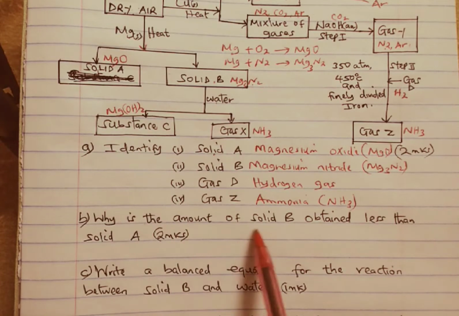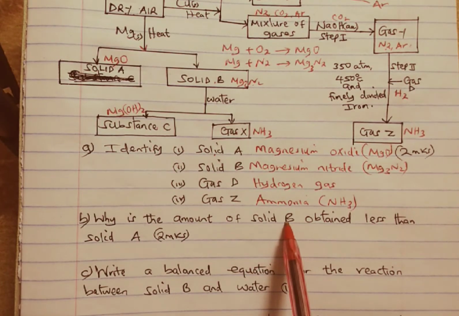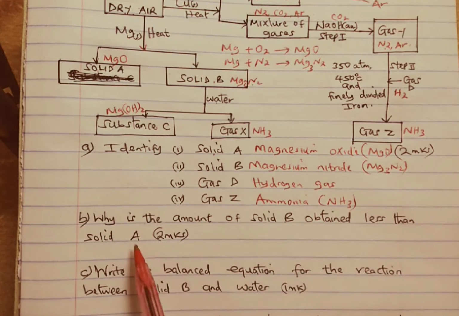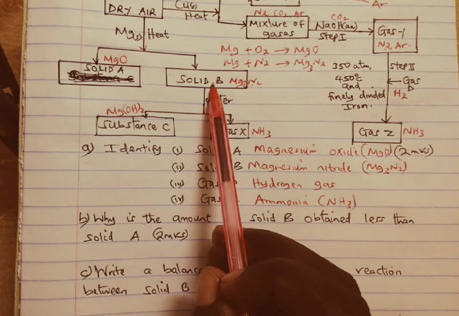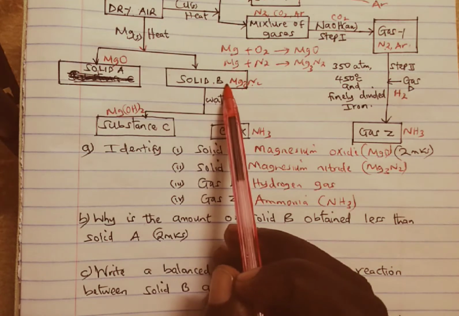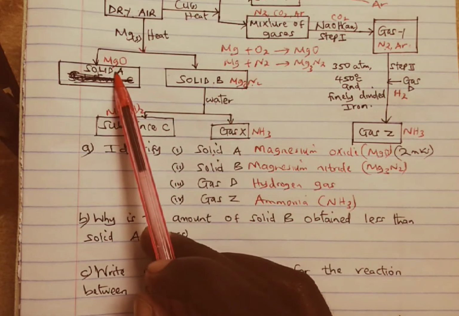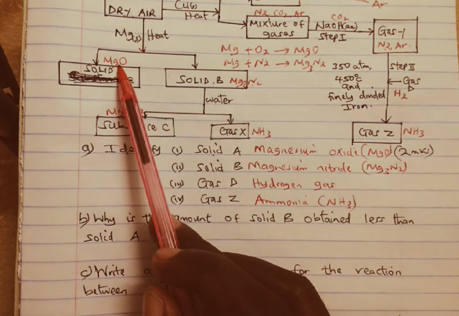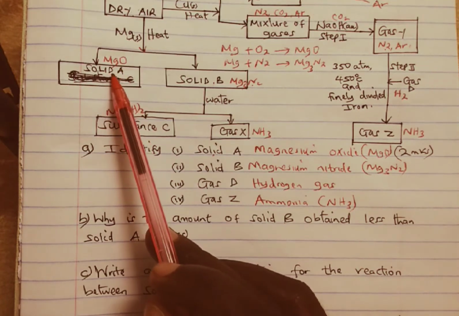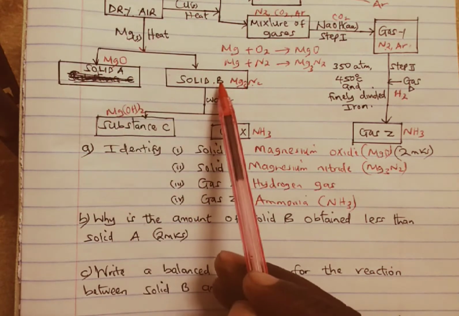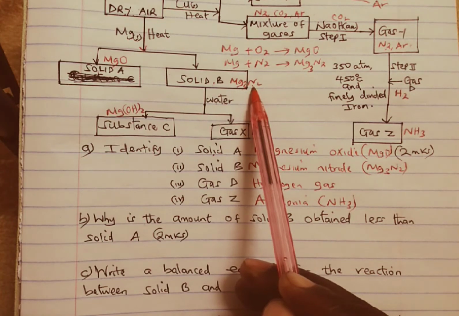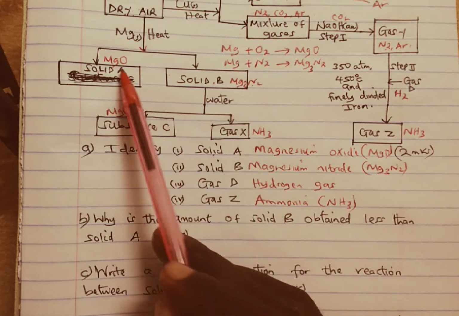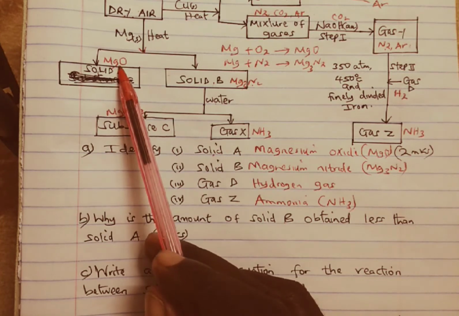Why is the amount of solid B obtained less than solid A? Remember, solid B is formed when magnesium reacts with nitrogen, and solid A is formed when magnesium reacts with oxygen. But solid A is more than solid B. This is because the nitrogen gas is less reactive compared to oxygen that is more reactive.